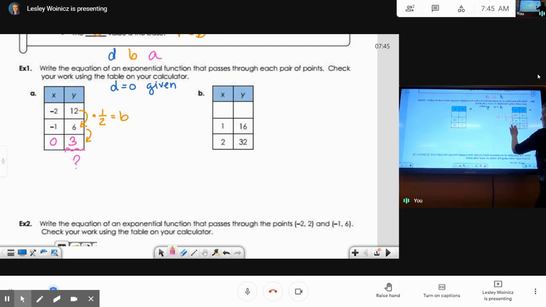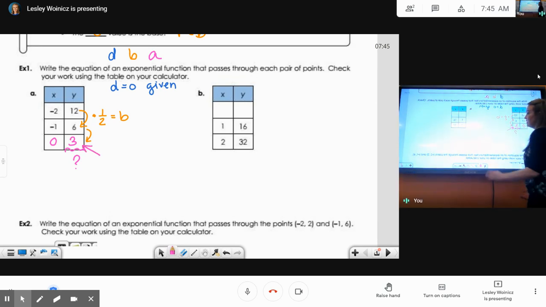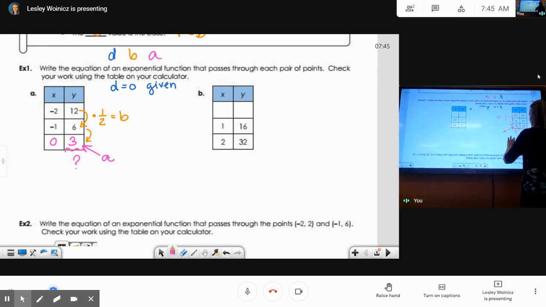And all of a sudden, I know what my a is because 0, 3 is my y-intercept. So that's my a. A comes from the y-intercept. Okay? So we use the b to find the a, and then we're good to go.